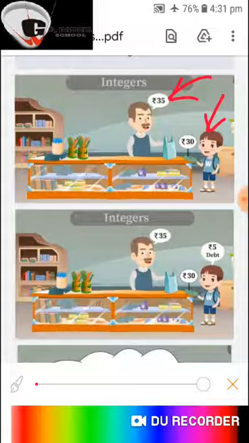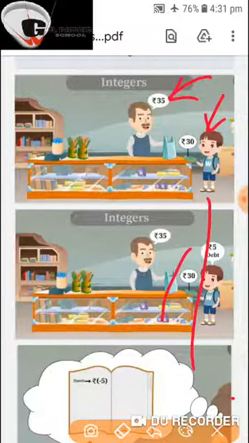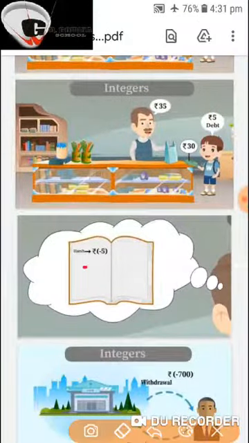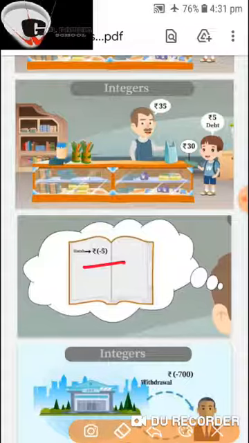So how do you think the shopkeeper will make a note of this? The shopkeeper is going to write minus 5 in front of his name. That represents the money Harsh has to pay.